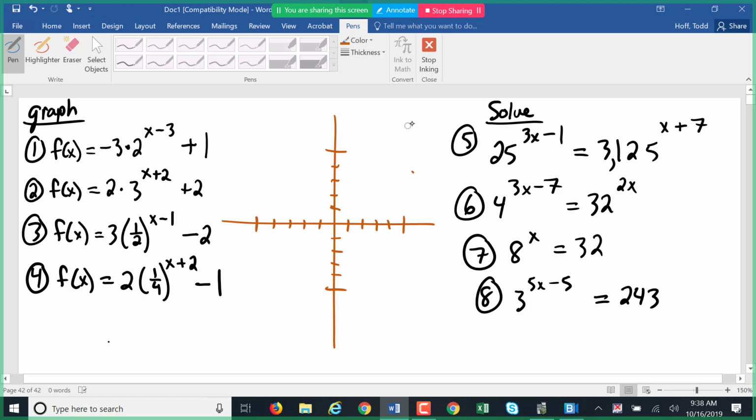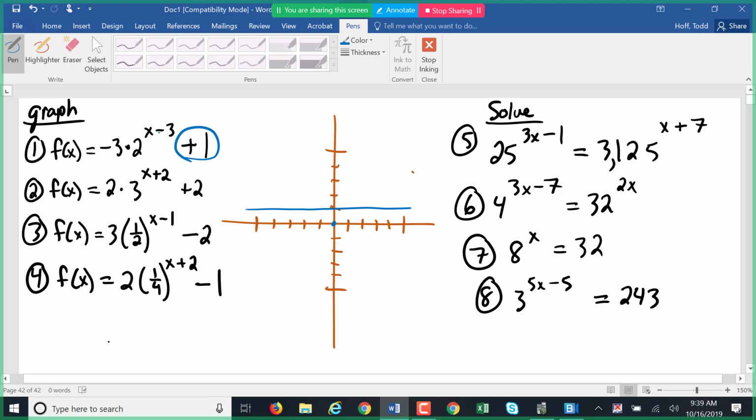Remember, our graph kind of goes around the origin with the x-axis, y equals 0, as the horizontal asymptote. Some of the things that get done here move that horizontal asymptote. This number here, for example, the +1, moves my horizontal asymptote up to y equals 1 instead of y equals 0.